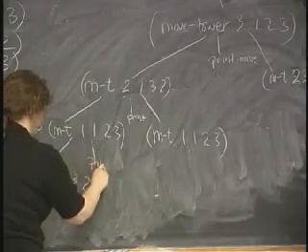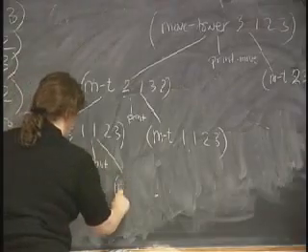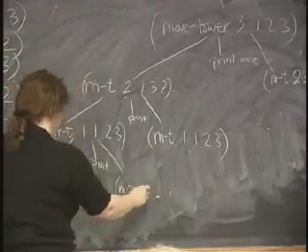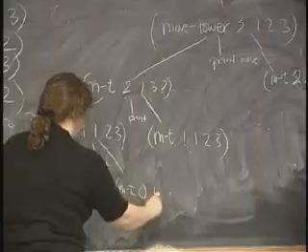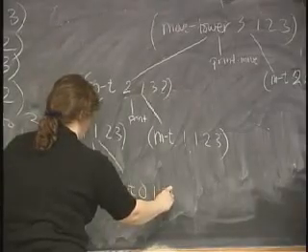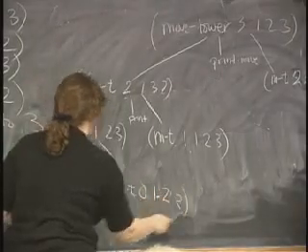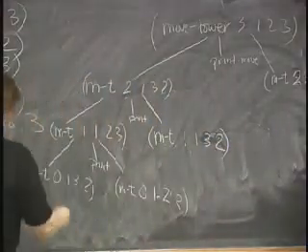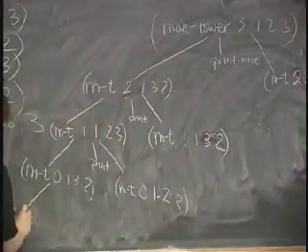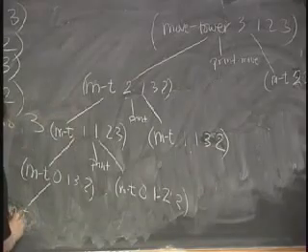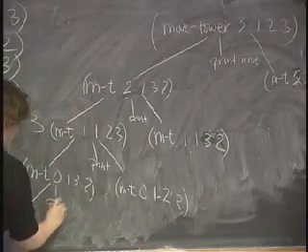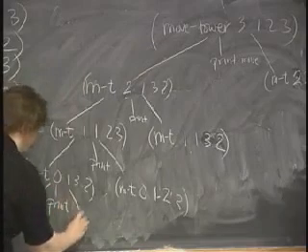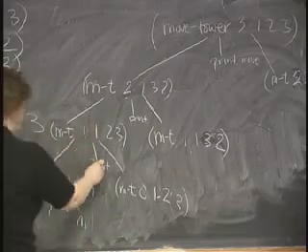Print. Move tower 0, 1, 2, 3. Reversing these. That's 0. We return nil. We print. Nil. Come back up here.